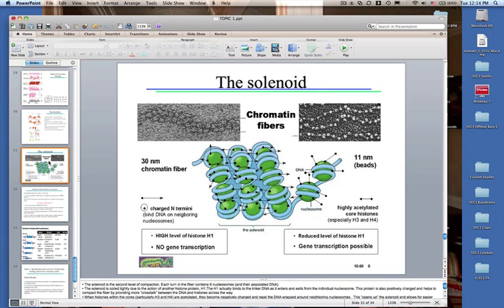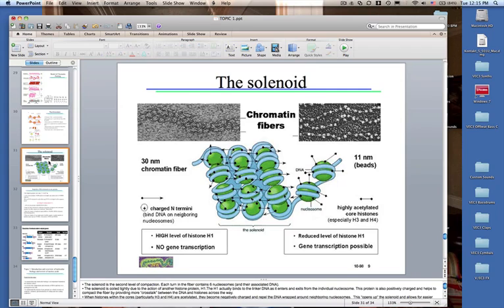What happens is you've got crosstalk between the DNA on this nucleosome here and the histones over here. There's interlacing and crosstalk between the nucleosomal structures, so that the histones in one nucleosomal core can interact with the DNA on another nucleosomal core and keep it all compacted together.